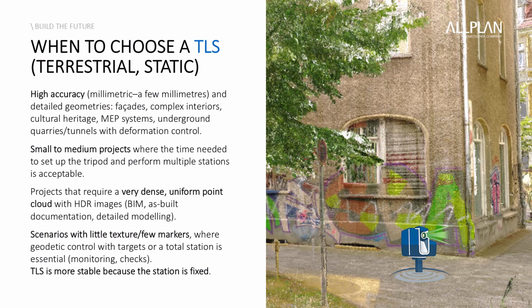Simultaneously, I also need a terrestrial point cloud whenever I require an exceptionally dense cloud, which is especially ideal when I have to capture the existing conditions with extremely high precision and accuracy.